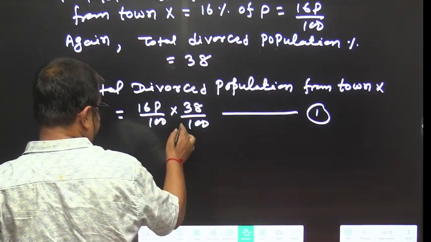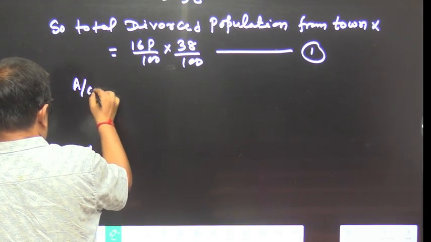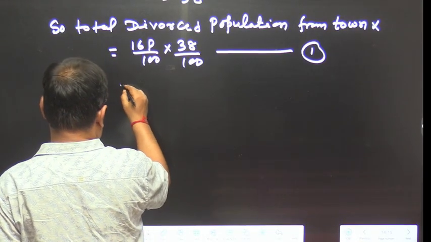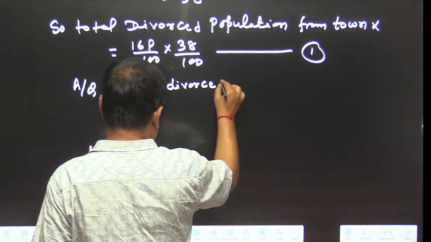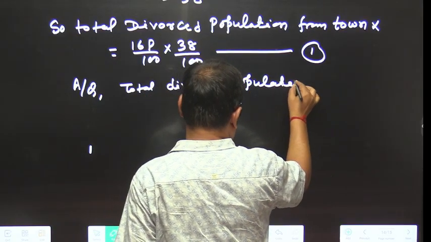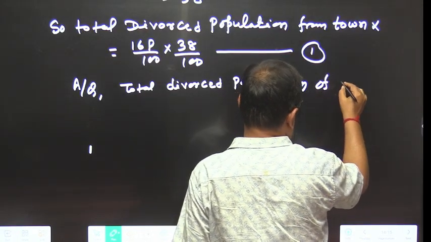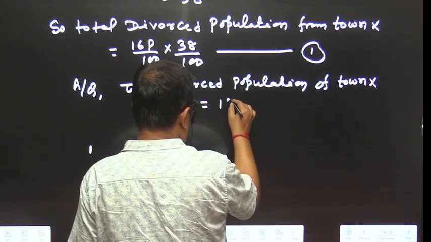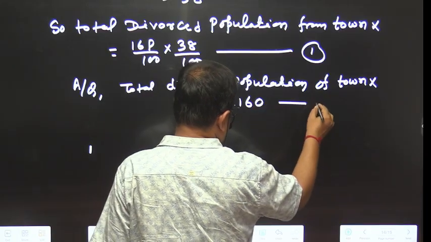According to the question, the total divorced population of town X equals 1,2160. This is the question.